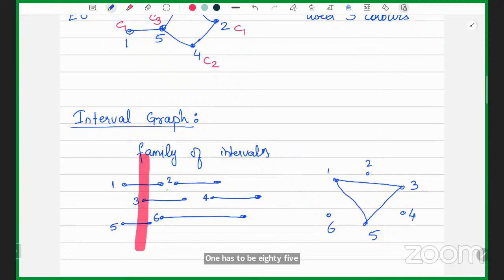Similarly, 1, 3, 6 are also overlapping, so this is also there. 2, 3, 6 is also there. 2, 4, 6 is also there. Anything left? No. So this is the graph which corresponds to the intervals given to me.